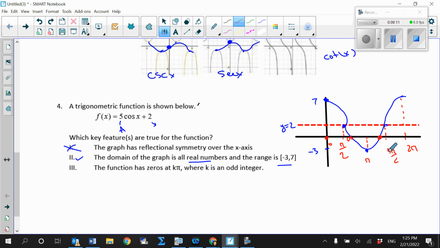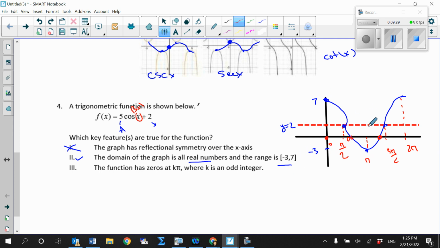How do I know that? Because the b value is 1, and that means the period of the function is not changed. So the critical points are also not changing. That's how I know. I'm just going to take the critical points of the parent function in this case.